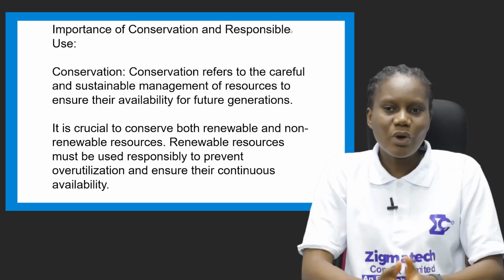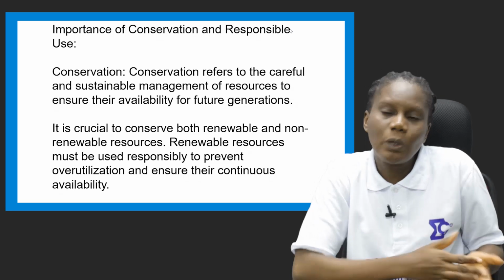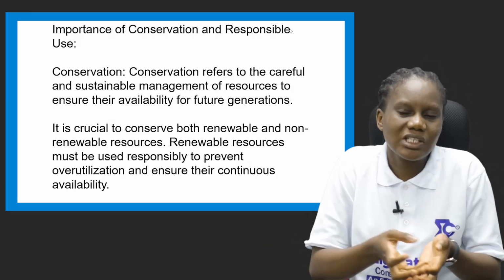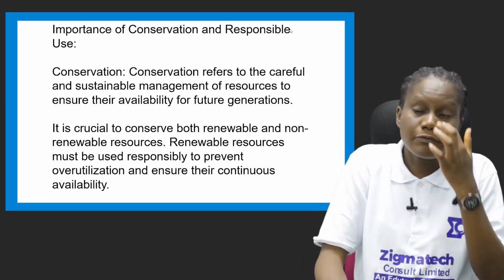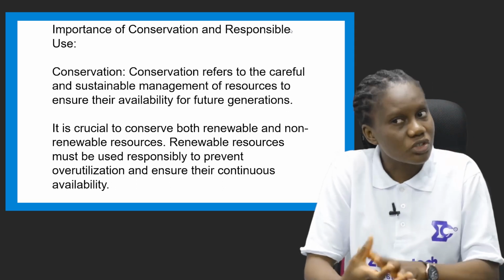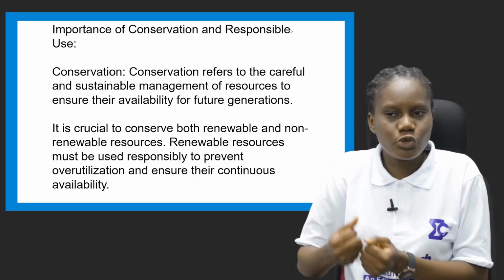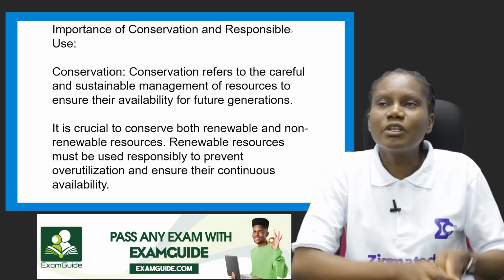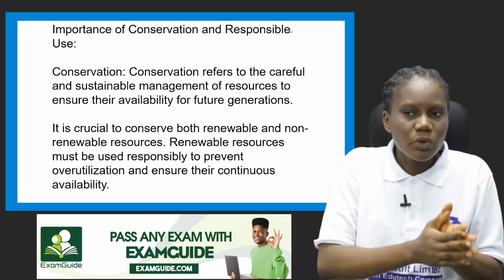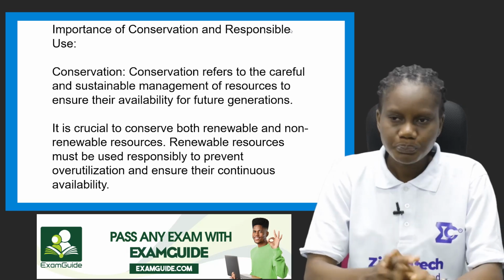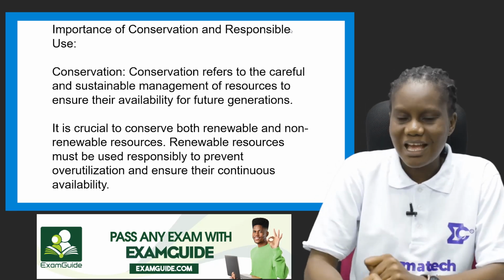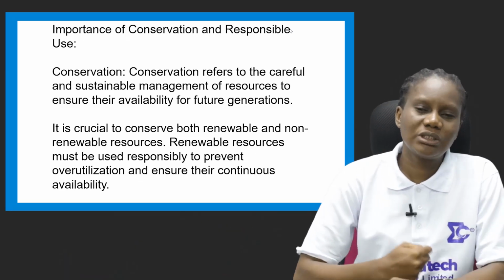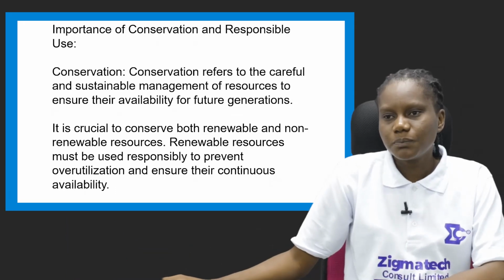So you are being cut out of it because you didn't use it responsibly, until the next day when the sun shines again and you can utilize it. So if you're going to have the best of this, whether renewable or non-renewable, you have to make sure that you conserve them for their continuous availability.